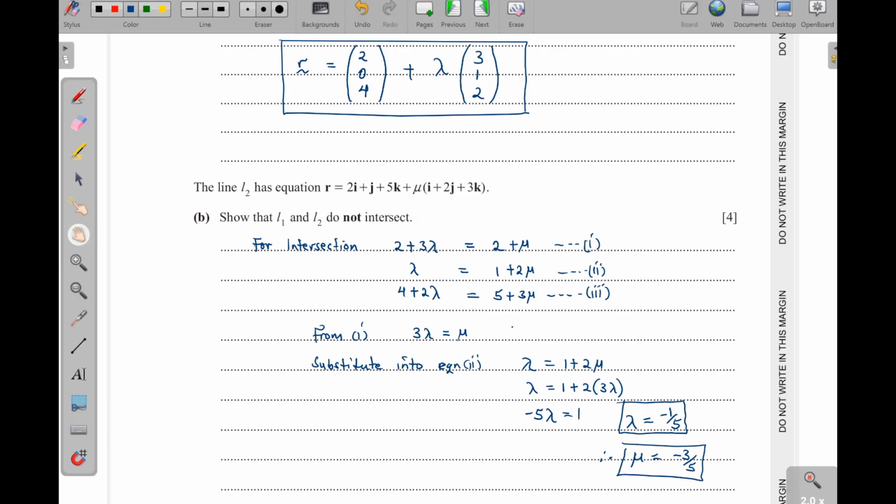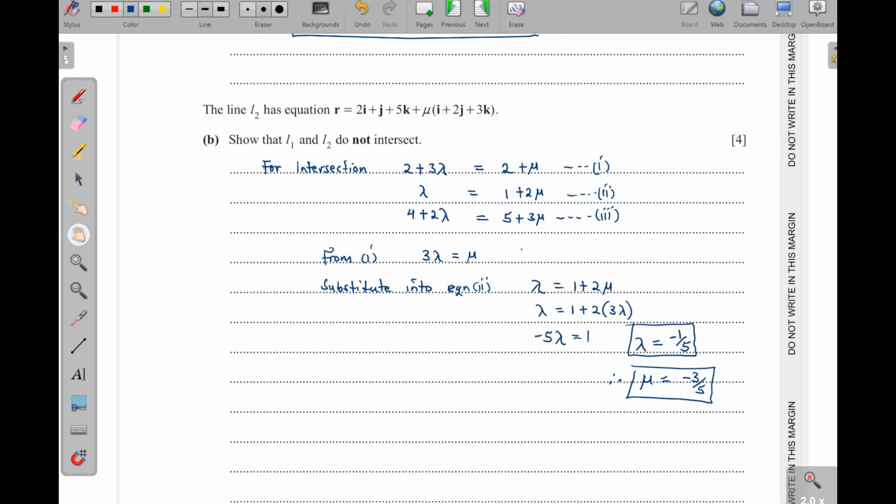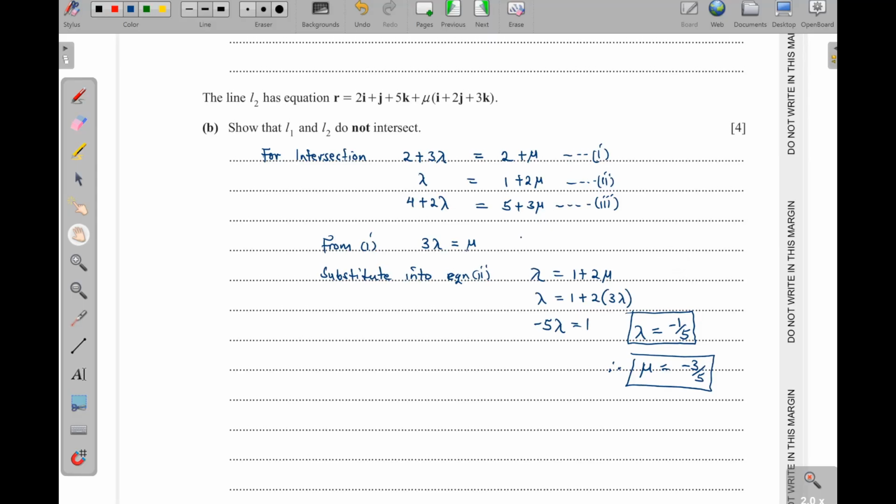Then from there, we are supposed to test. I've used equation 1 and equation 2, so I can say testing the values of lambda and mu with equation 3. You see that?